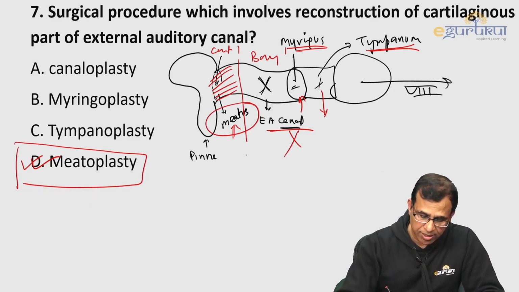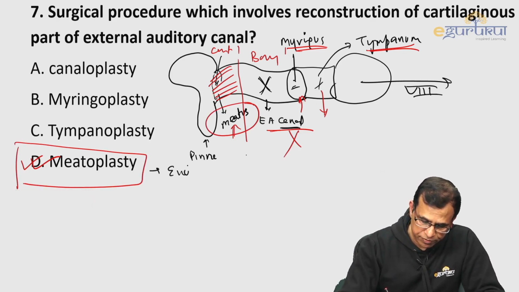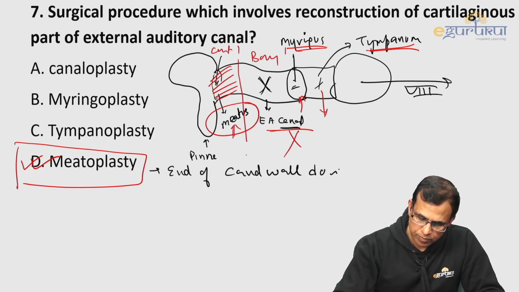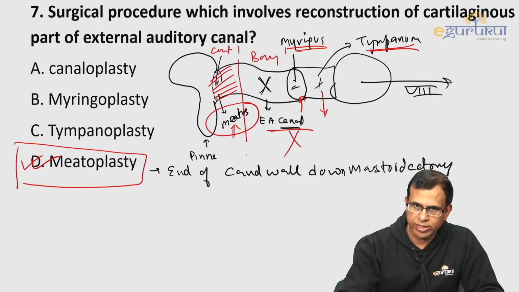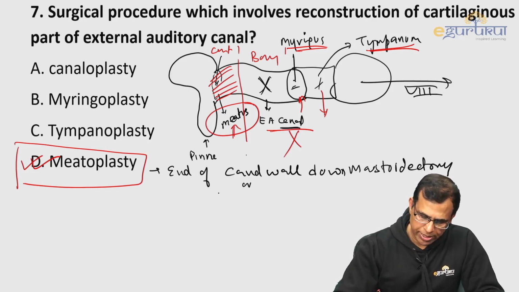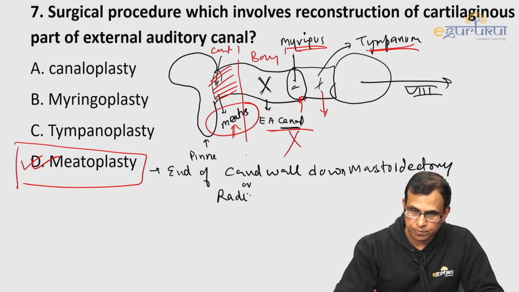Meatoplasty is done at the end of either canal wall down mastoidectomy or radical mastoidectomy.